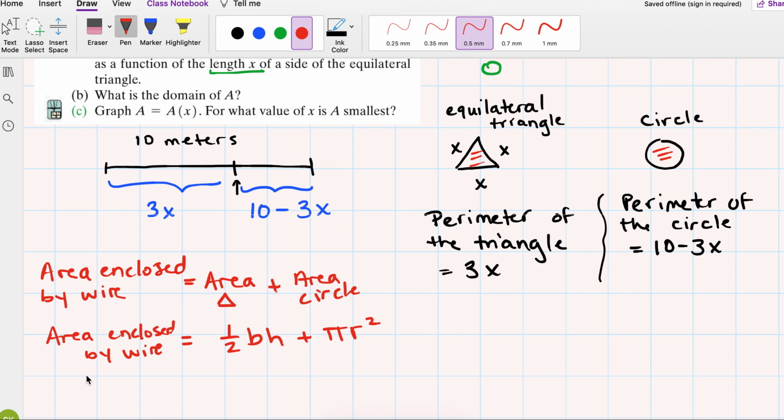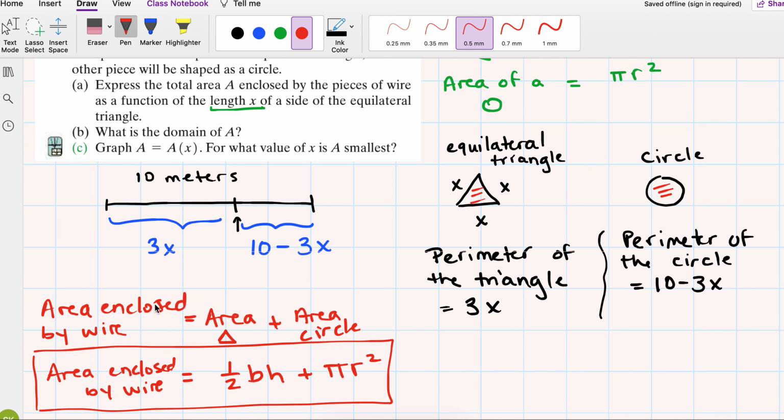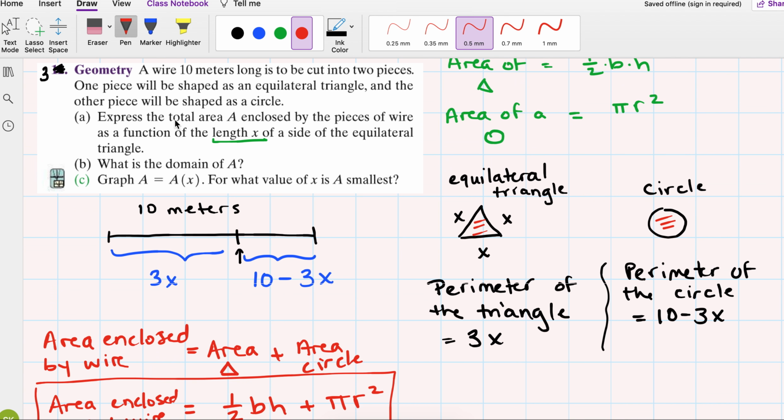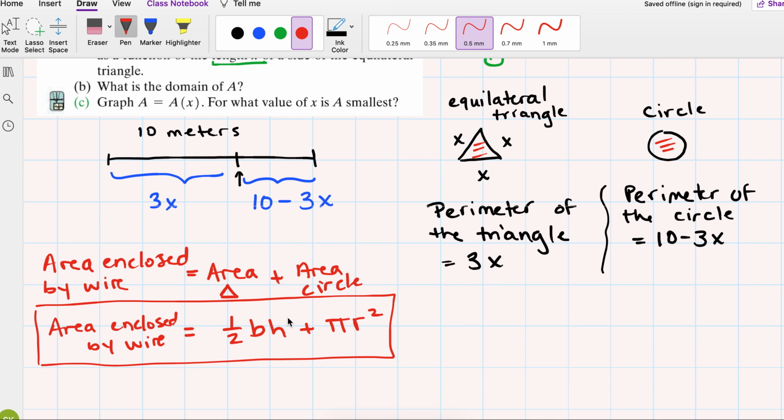But the thing is, this is the area enclosed by the wire, but we want to write this area as a function of just the length. So we want to get rid of the b, the h, and the r squared. Those are variables here. This pi is a fixed number, and we just want to have x's here.